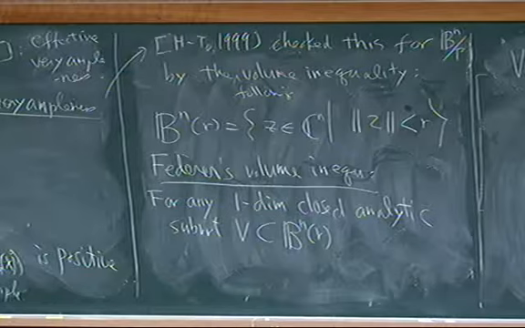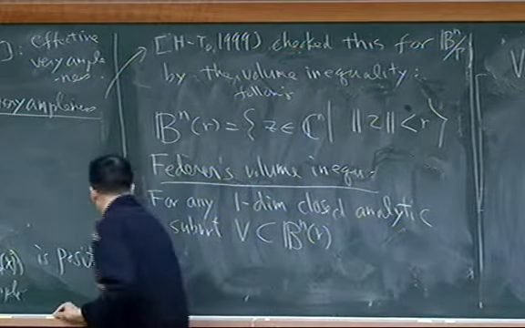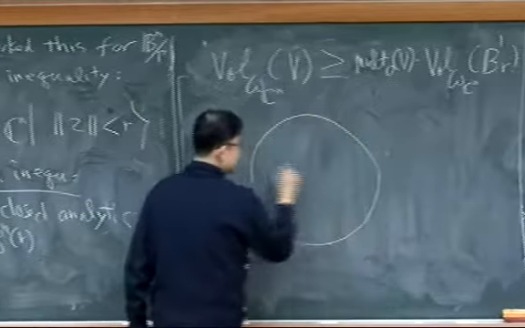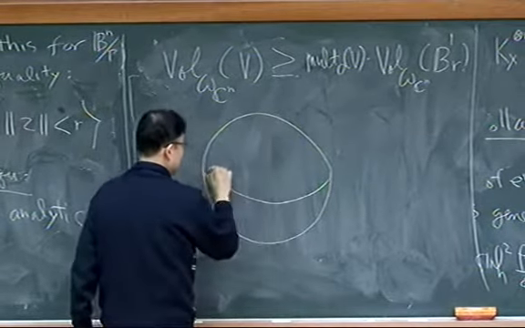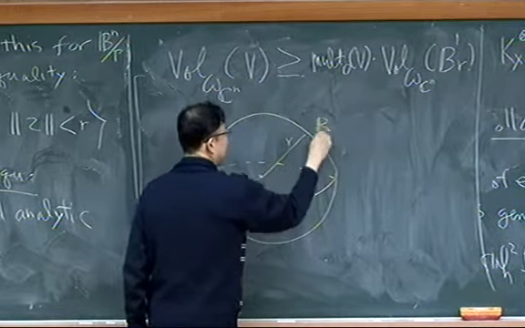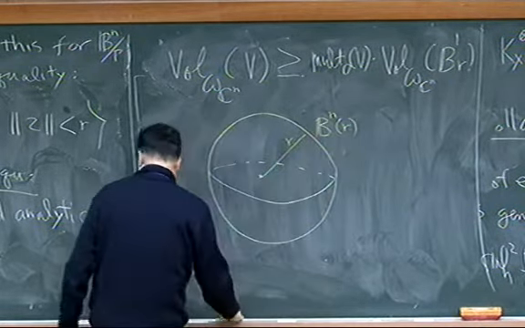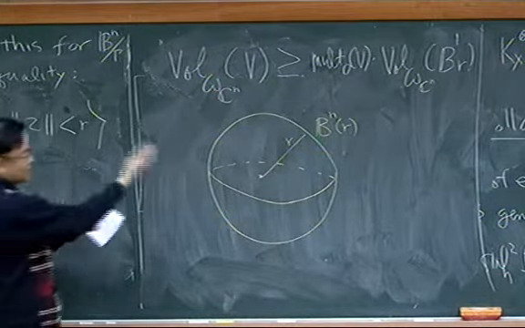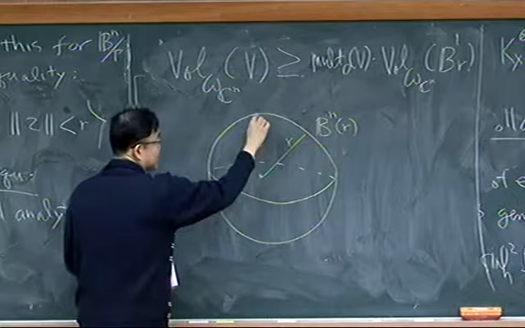So let me draw the picture. It says the following. You look at the following ball in C^n. So this is B_n(R). And you take any one-dimensional closed analytic subvariety inside the ball, something like this.